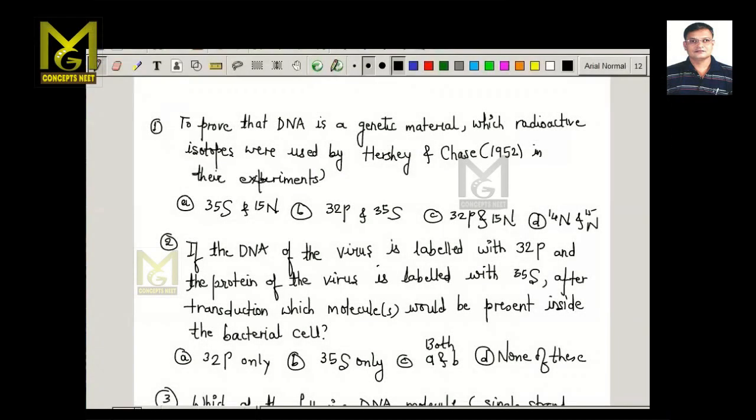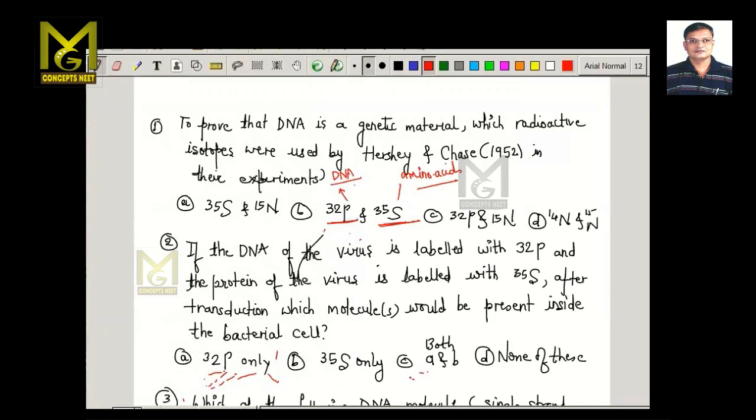So we are going to continue with some of the questions which have been asked in the previous NEET examination. And the first one is, to prove that DNA is a genetic material, which radioactive isotopes were used by Hershey and Chase in their experiments?